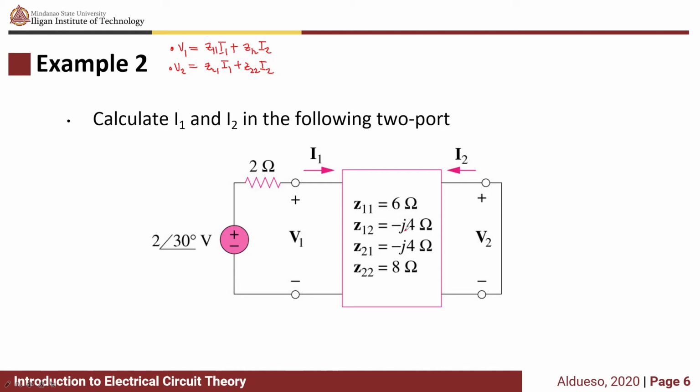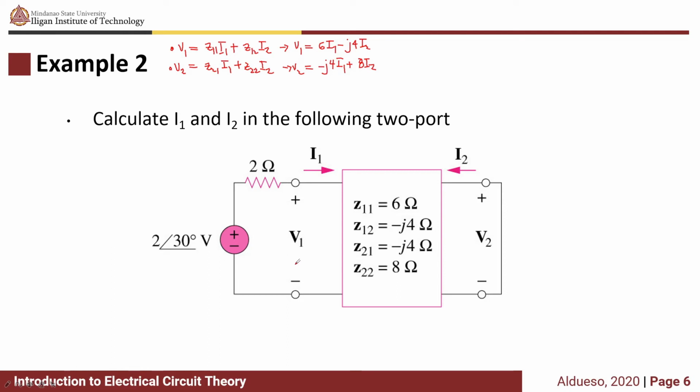Now substituting the values given in the circuit for our Z parameters, our V1 is equal to 6I1 minus J4 I2. Then our V2 is equal to negative J4 I1 plus 8I2.